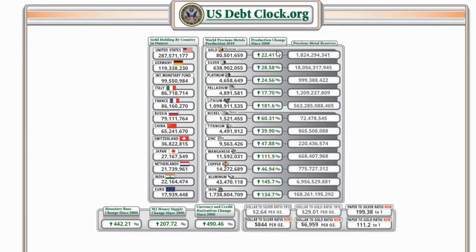And so there you go. I hope that helped explain a little bit about the U.S. debt clock. Several members of the community have been posting the statistics, and I kind of wanted to clarify exactly what they mean. It doesn't necessarily reflect what the true price discovery should be for the dollar to silver ratio, but I do believe it is a reflection on purely the statistics in terms of the amount of dollars per ounce of silver. And I think that is telling, and I think it means that it probably should be higher than it is now.